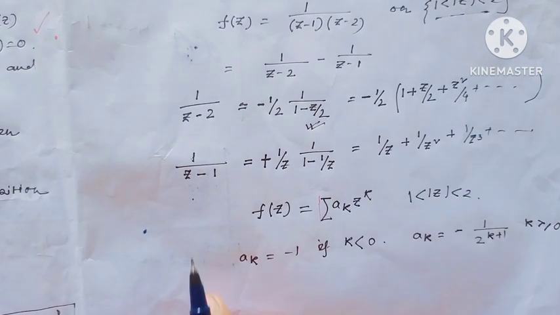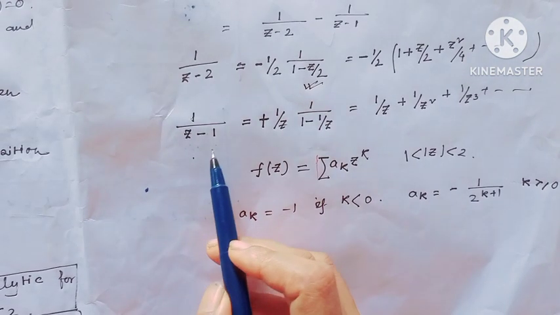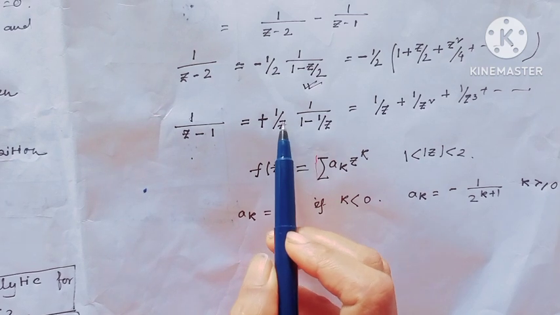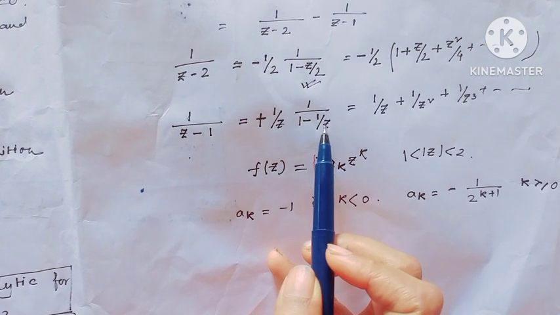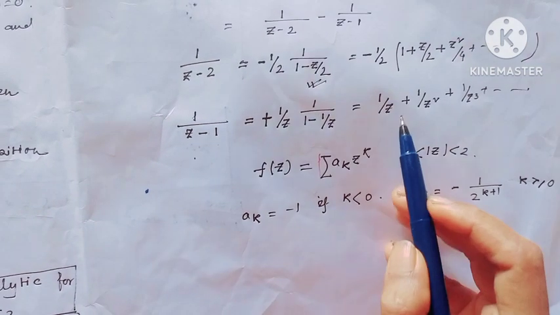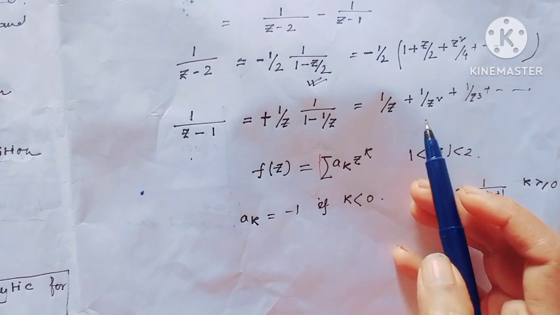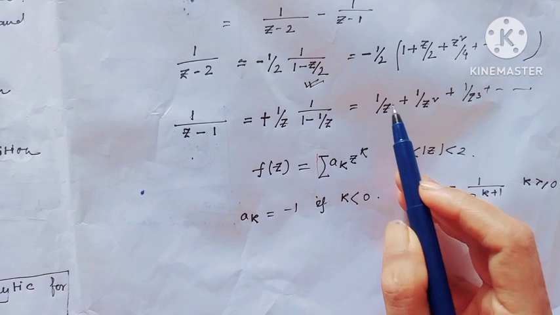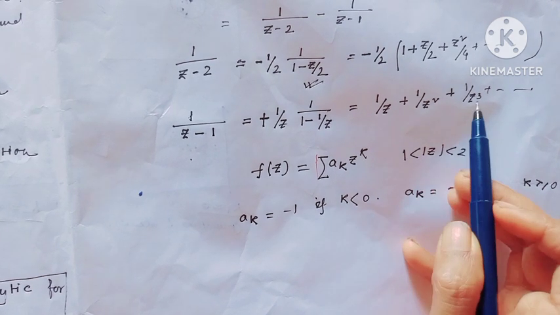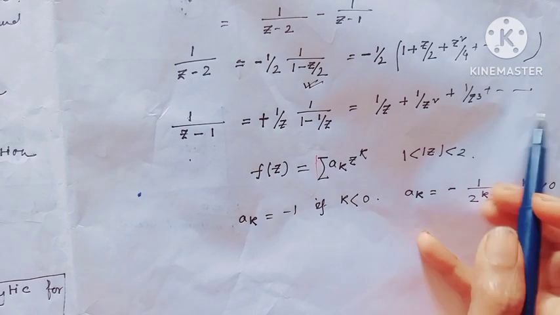And 1 over (z minus 1) we can write as 1 over z times 1 over (1 minus 1 over z). So this would be of such type: 1 over z plus 1 over z squared plus 1 over z cubed and so on.